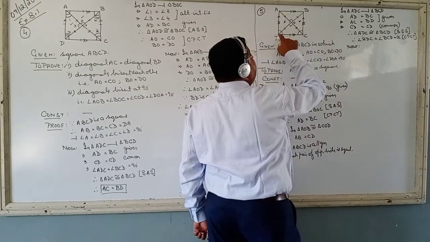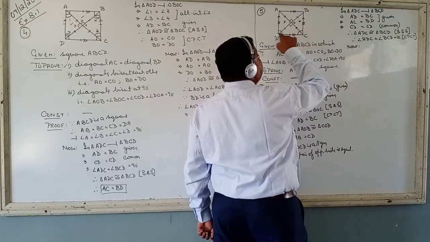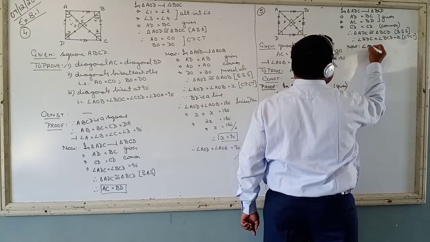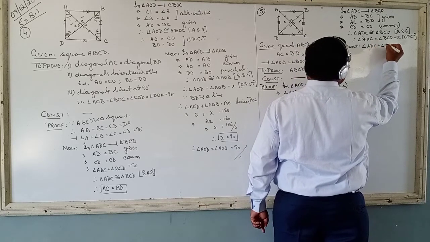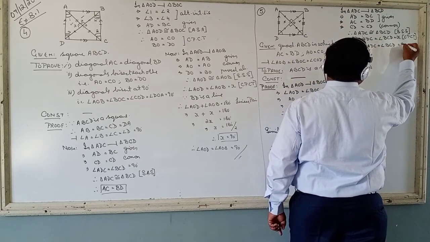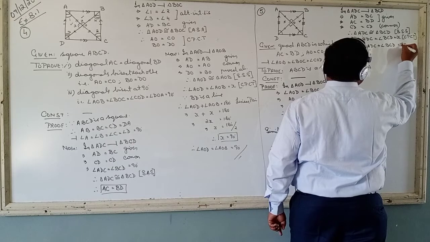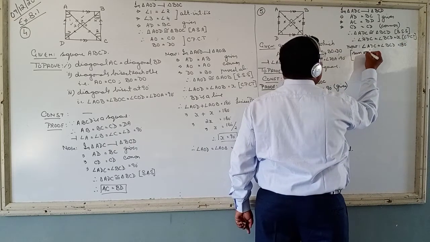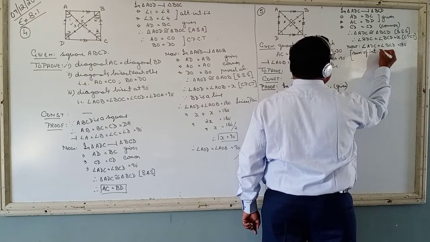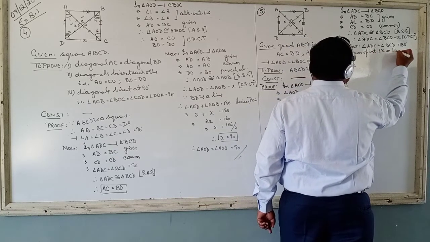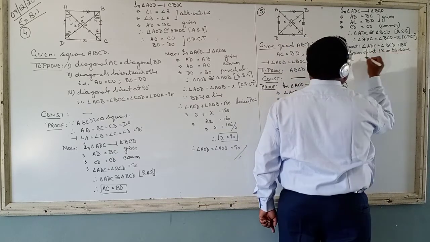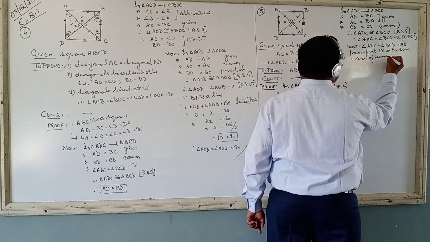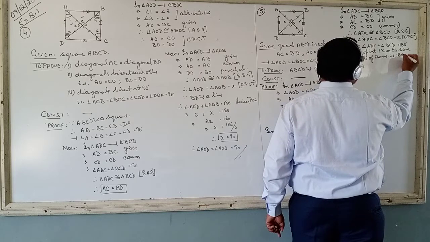Angle ABC plus angle BCD is equal to 180. Reason: sum of interior angles on the same side of a transversal is 180 degrees.